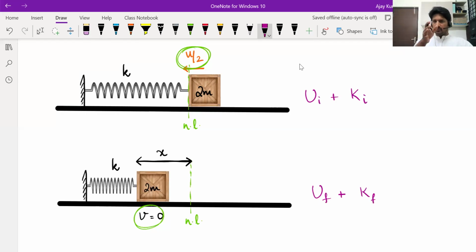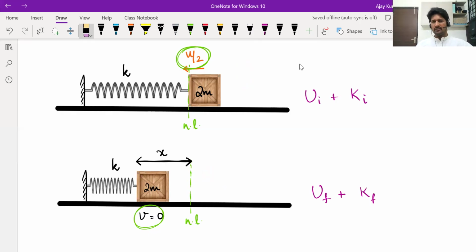The block is moving horizontally, so it's not going up or down. Gravitational potential energy need not be considered. Whatever gravitational potential energy it had initially, it will have the same value finally, so it will get cancelled, need not write. But there's a spring force involved, so spring potential energy has to be considered.